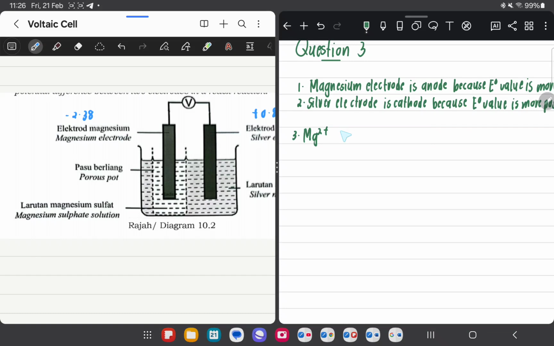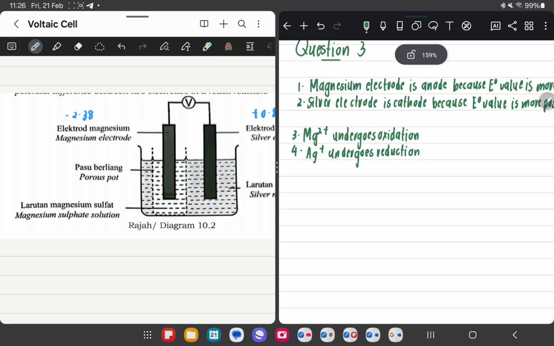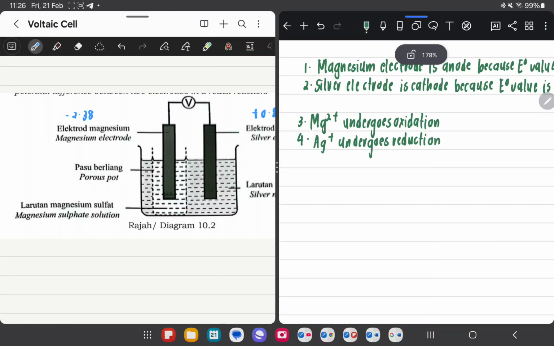Anode undergoes oxidation, because it is anode, that's why it undergoes oxidation. While your silver electrode is your Ag plus, Ag plus undergoes reduction. Make sure you know what happens at anode and cathode. I already gave the mnemonic, so make sure you follow that. So Mg2 plus undergoes oxidation, Ag plus undergoes reduction.